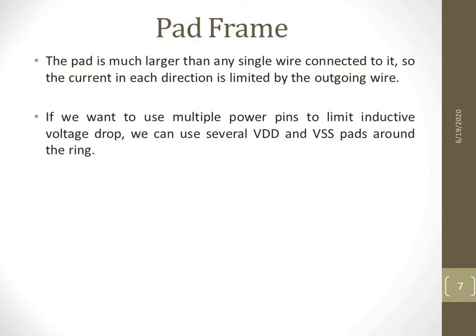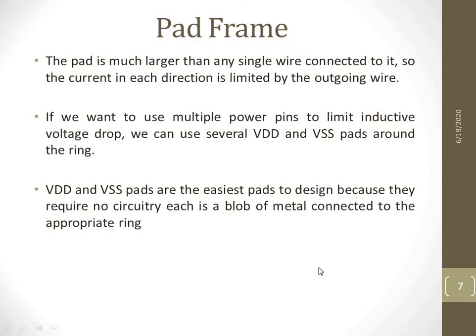If you want to use multiple power pins to limit inductive voltage drop, we can use several VDD and VSS pads around the ring. These pads are not called I/O pads; they are called supply pads. I have shown you in the slide that there are some pads which are called bonded pads.